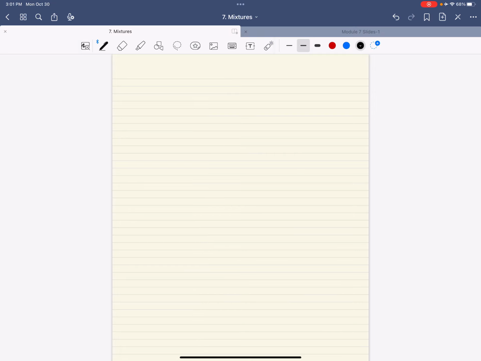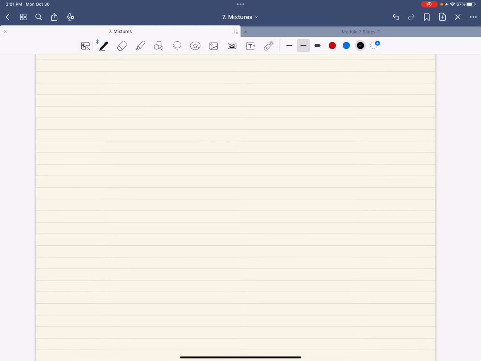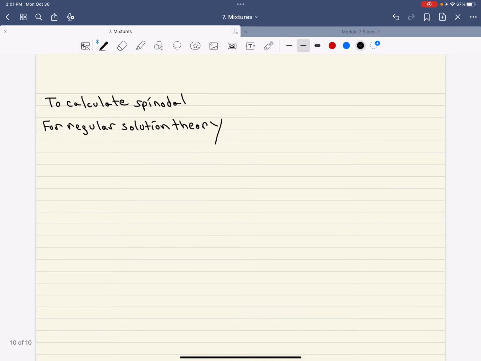All right, so now as far as how to calculate the spinodal. To calculate the spinodal, you'll need some sort of model for your delta G mixing. So we'll start with the regular solution theory. What we need to do is take the second derivative of the Gibbs energy. So we take the second derivative of the delta G mixing, and I'll divide it by kBT just to simplify things.